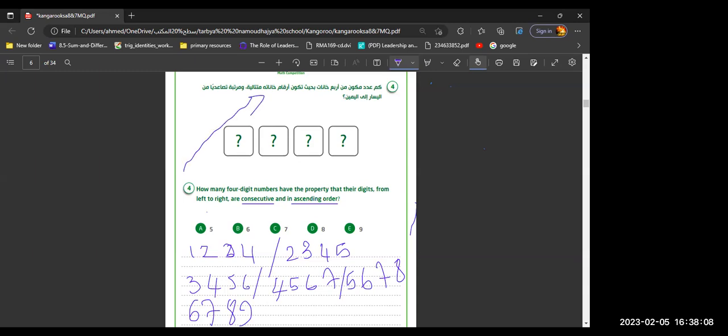So is it 8 or 9? We still have 1. How many digits do we have, guys, in math? 10, because of the 0.